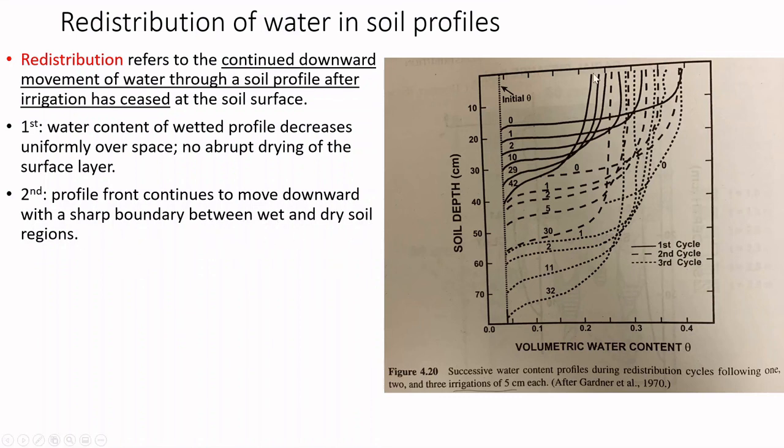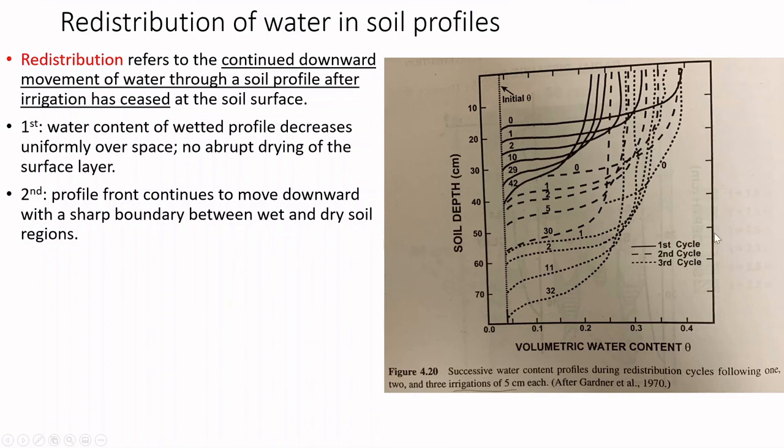So as the water at the surface continues to dry, the wetting front, here is the wetting front, continues to move downward and downward. So there is a sharp boundary appearing. Here initially is t equals 0. When t equals 1, the water content at the surface drops, but the wetting front continues to move downward. So at t equals 2, the wetting front moves even lower and lower into the soil.